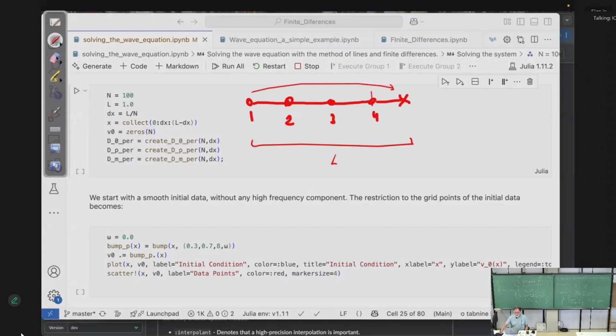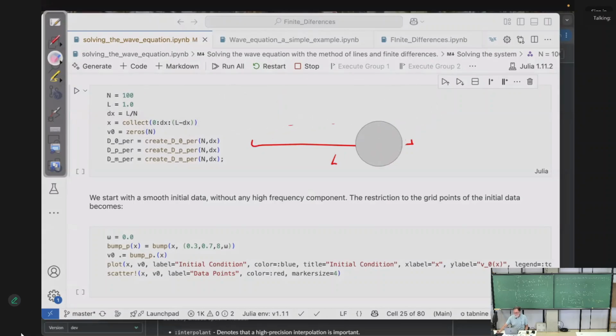We create the derivatives. I think we are recording, right? Yeah. And we create the derivative, right?